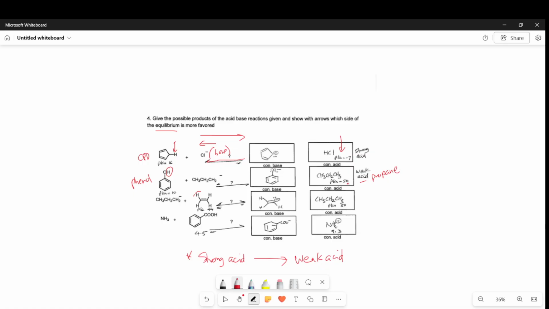Alkanes have a very high pKa value. That means they are very weak acids. They cannot really be considered as acids, but there is a measured pKa value of 50. So this reaction, as shown, satisfies the rule: strong acid going to weak acid, because a pKa value of 10 is a stronger acid than a pKa of 50.